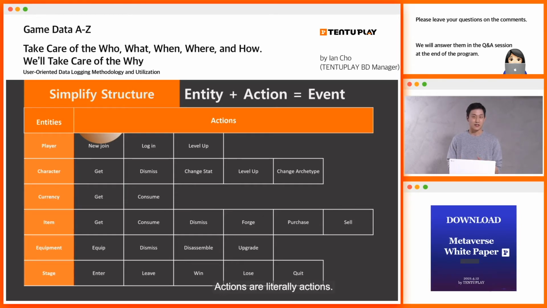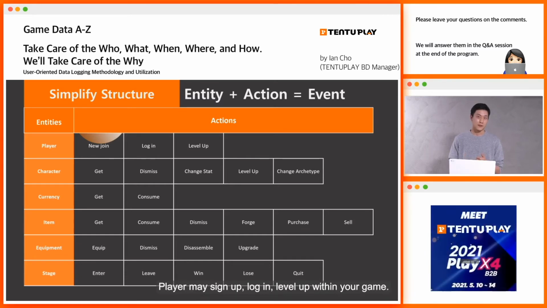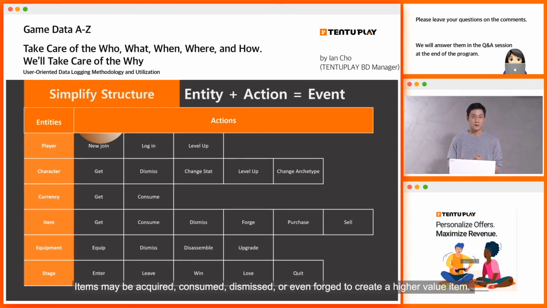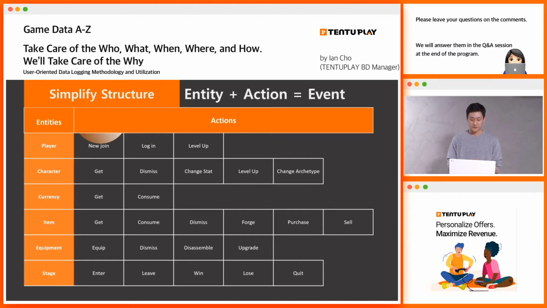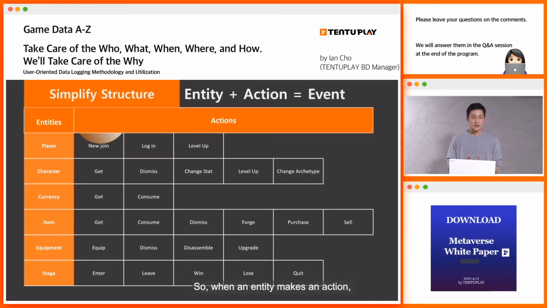And actions are literally actions. A player may sign up, log in, or level up within your game. Currencies such as gold, hearts, or diamonds may be acquired or consumed. And items may be acquired or consumed as well, but also dismissed or even forged to create a higher value item. So when an entity makes an action, you have an event.